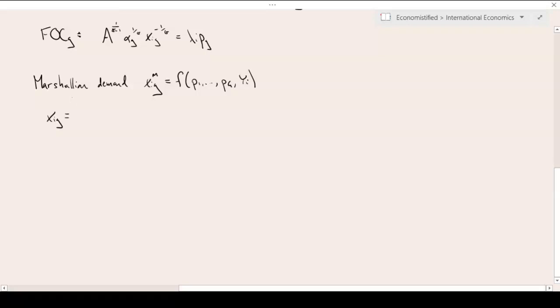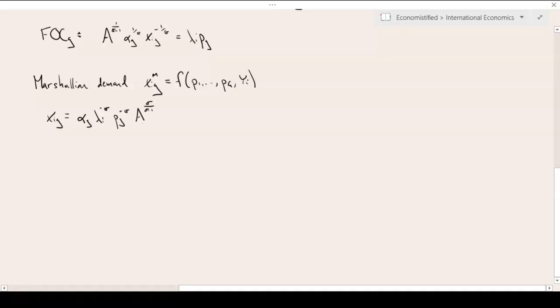And in doing that, I get alpha g lambda I to the minus sigma pg to the minus sigma times a to the sigma over sigma minus 1. Okay, that's step one. Step two is to find a way to substitute out lambda I and a.